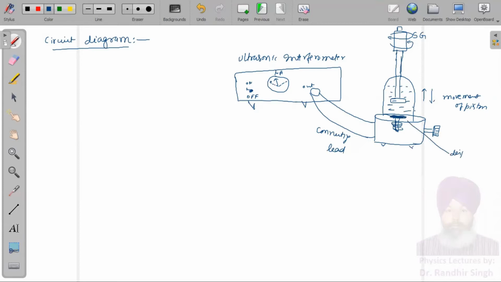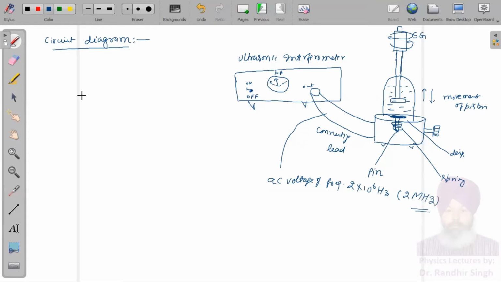This is a disc. This is spring. There is a pin, and this produces AC voltage of frequency 2 into 10 raised to power 6 hertz, that is 2 megahertz. So this is the circuit diagram. Now let me discuss a brief theory.